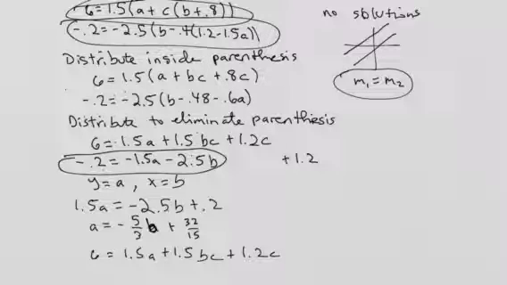And if I want to start getting A by itself, I'm going to move this crud over to the other side, and I'm going to get 1.5A equals negative 1.2C minus 1.5BC plus 6.